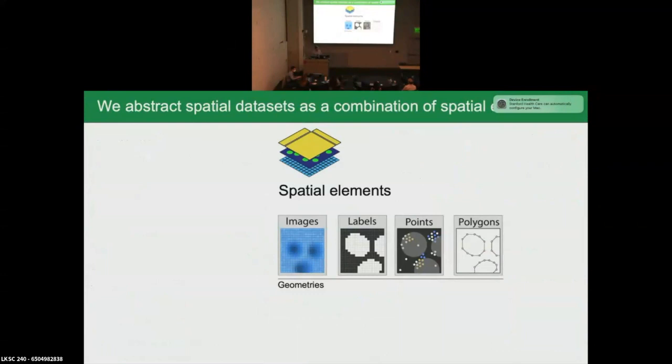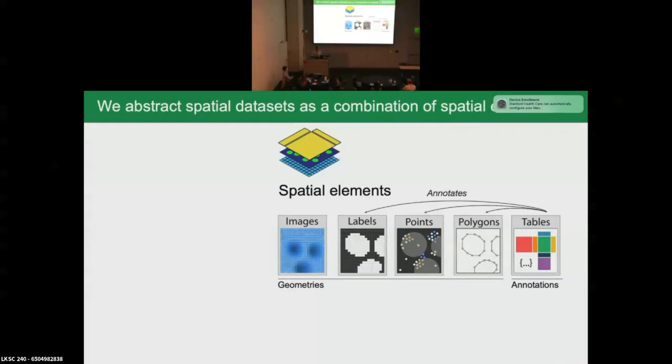We start with an abstraction. We represent the different types of spatial elements, the various geometries, in memory, and we represent both raster types like images and segmentation masks, and vector types like points, circles, and polygons. These geometries can be annotated with feature tables, and on disk we write and read back using the OME-NGFF specification, and we contributed, and we are still in the discussion of improving the specification when there was the need for this.